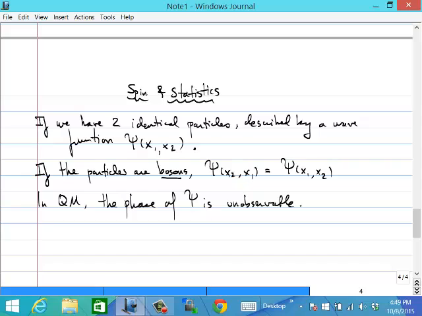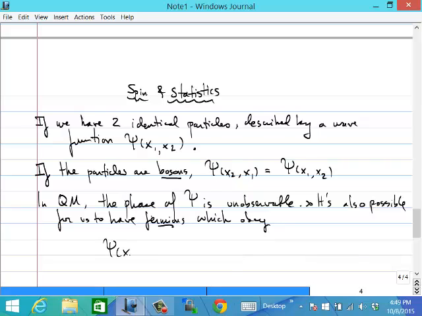So in particular, it's also possible to have a type of particle known as a fermion, which have the property that psi of x2, x1 is minus psi of x1, x2. So that you pick up a sign every time you interchange two particles.